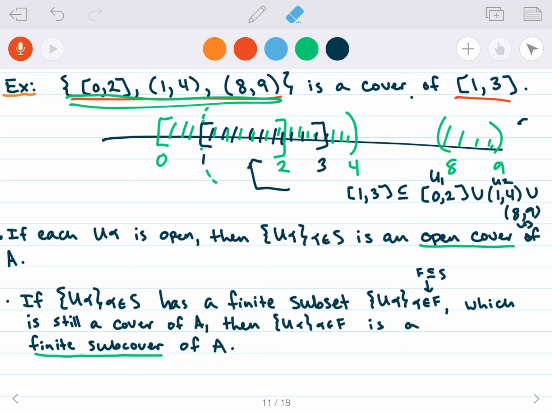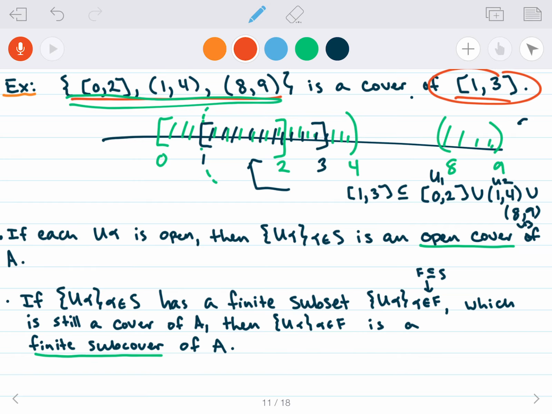And finally, our definition 5.4 concludes with the definition of finite subcover. So what does that mean? That means that if you have an open cover, it could be infinite. You could have an infinite collection of sets that cover a set. For example, we could think of an infinite number of sets that cover 1, 3.